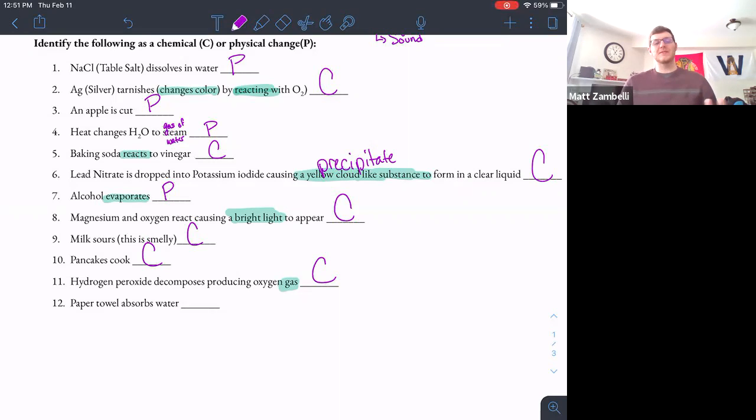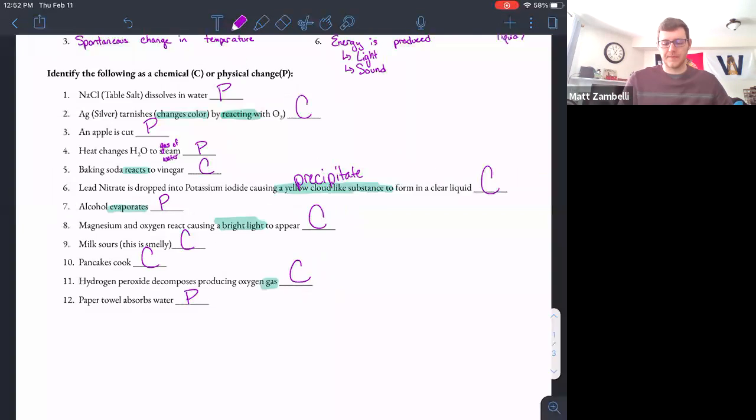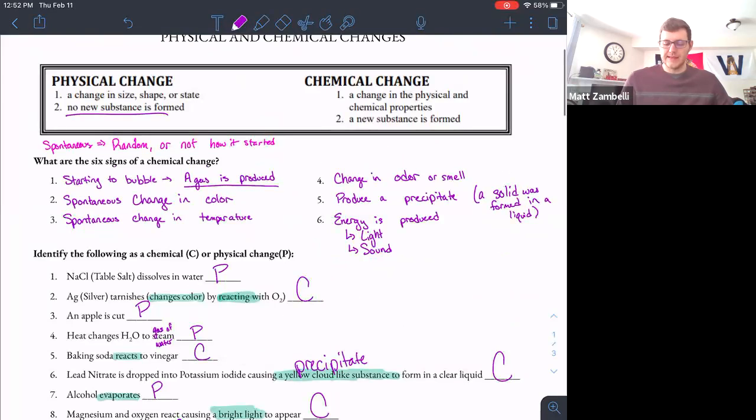When the paper towel absorbs the water, the paper towel still exists, the water still exists. They're not combining to form a new product, because you can wring them out and separate them again at the end. So if you can separate them and turn them back into what they were before, it's going to be a physical change.